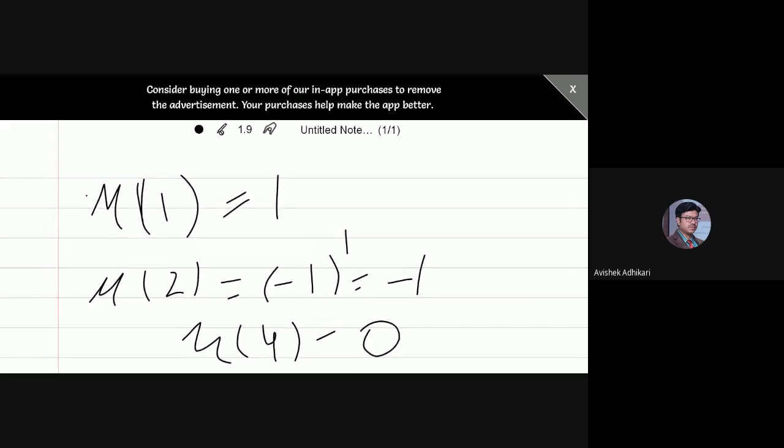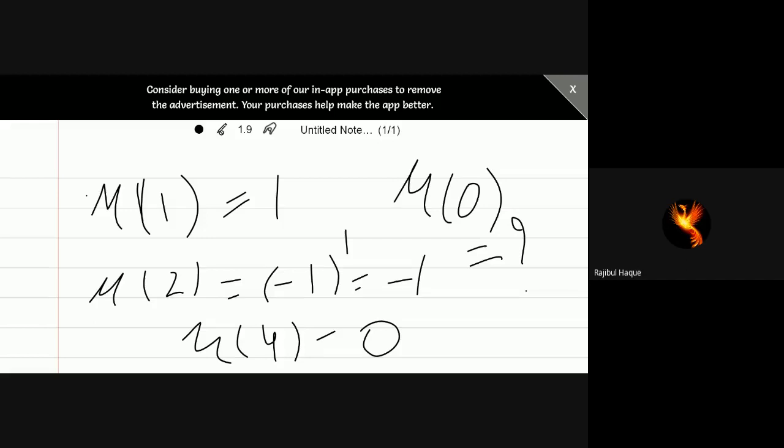Now if I ask you what is the value of mu of 0, then what will it be? Anybody from this class, if you want to answer this? Mu of 0 is what? Okay, mu is not defined for 0. Exactly, mu is not defined for 0.